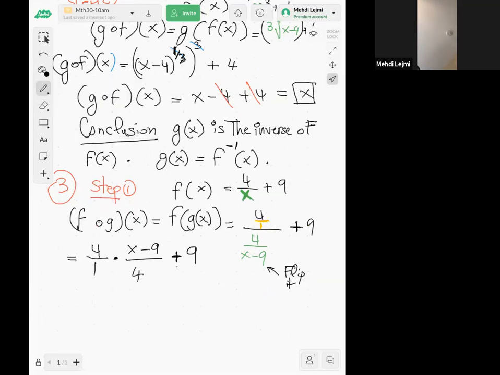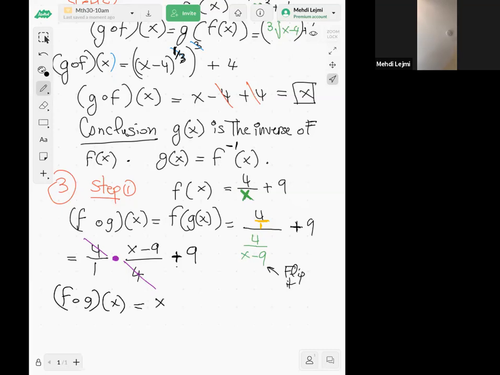All right, now I have to multiply these 2 fractions. You multiply straight across. There's a 4 in the top, there's a 4 in the denominator. So this 4 cancels out with this 4, because this is a multiplication. So f composed with g of x is just x minus 9 over 1, which is just, any number over 1 is the same number.